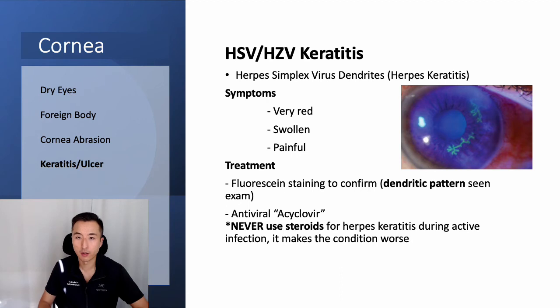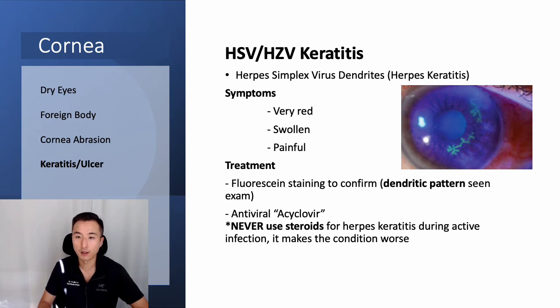Herpes keratitis, whether that's herpes simplex or herpes zoster, is also a very common condition that causes a red eye that you'll see in the ED. The main higher level thing is that this dendrite pattern is great if you see it, but you also need to have a suspicion for it, because by the time many of these patients come to the ophthalmology clinic, they may already have been started on acyclovir by the emerge doc who saw the dendrite initially, and so they may have a healing dendrite which doesn't look as clean as this.